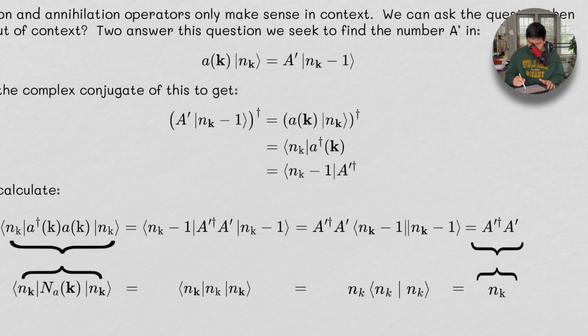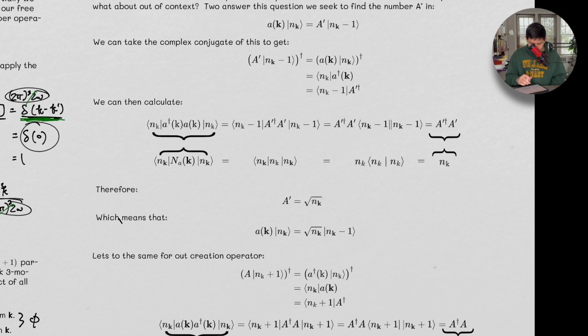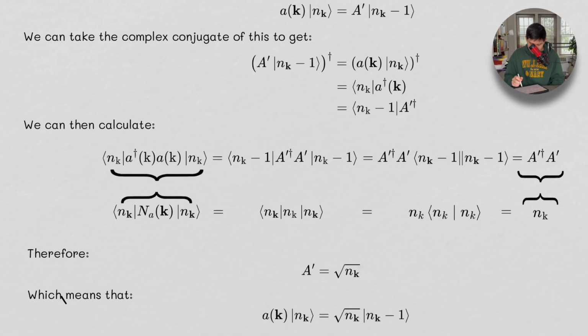And then this a dagger, the effect is that it raises particles in the ket state, but it lowers particles in the bra state due to complex conjugation. Putting this on hold, we can then calculate this, because this bit right here is this right here.